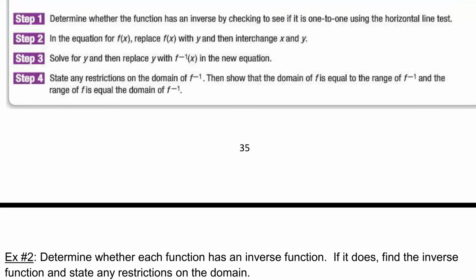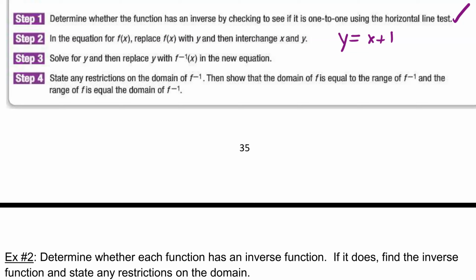So you determine whether the function has an inverse to see if it passes the horizontal line test. Then, in your equation, flip all your x's and y's. So in the equation, replace f of x with y, and then you change your x and y's. So for example, if I had y equals x plus 1, we know what this looks like. It's a line. Okay, cool.